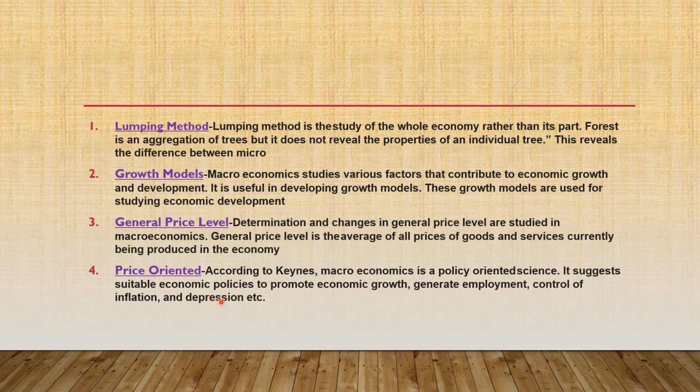So there should be some policy. According to that, only we can grow, we can make changes in our economic system, we can generate employment. If we have to improve infrastructure, we need more laborers to work. If I am constructing roads or dams, for that I need more laborers. So it will generate employment, and control inflation and depression.